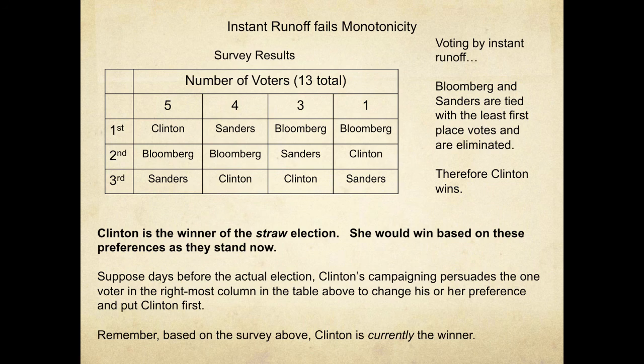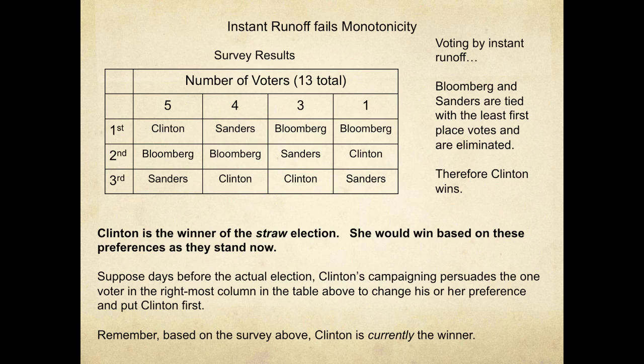So with no majority, you look for the candidate with the fewest number of first place votes, and actually it's tied in this case. Sanders and Bloomberg both have 4. They're tied. So they're eliminated, and that leaves only one candidate remaining. Clinton would be the winner in this survey with these voters with these preferences. Clinton is currently the winner.